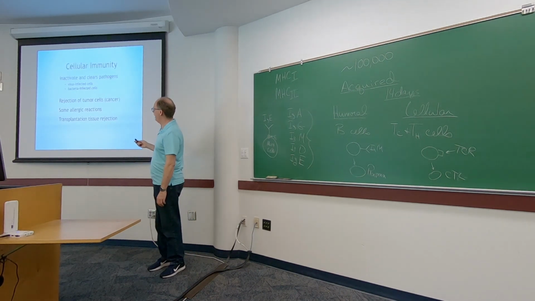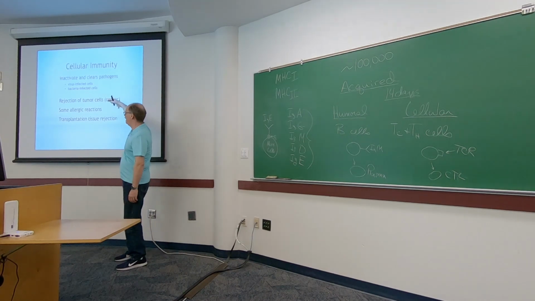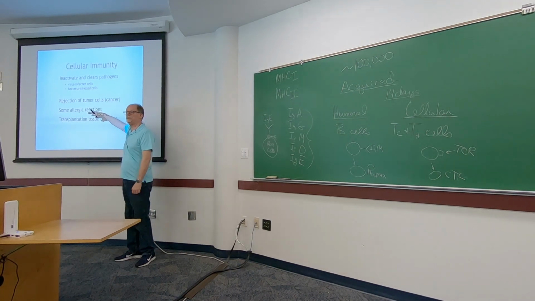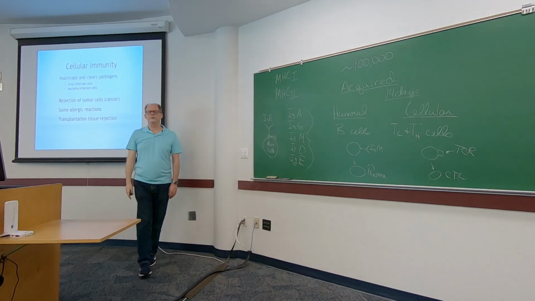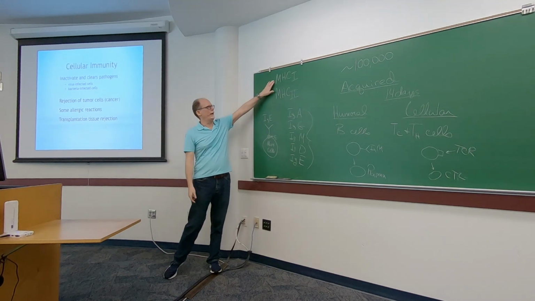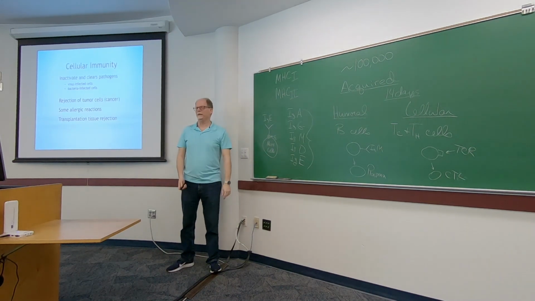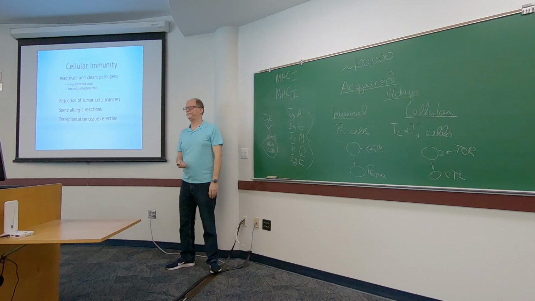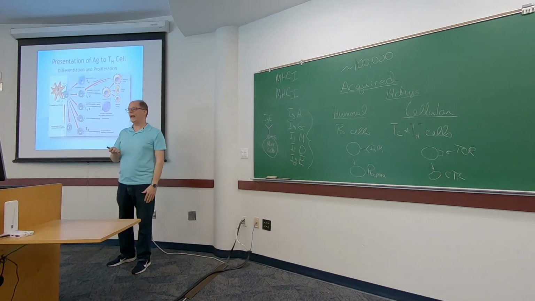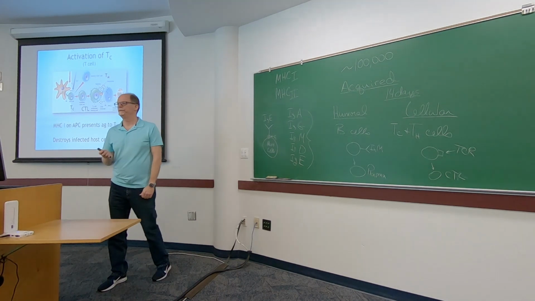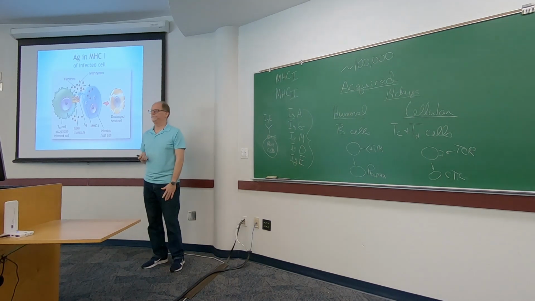That's what we're describing. They are also involved in rejection of tumor cells, but not transplantation rejection, which I think I mentioned was MHC1 not having the right social security number. But this is strictly antigen specificity.